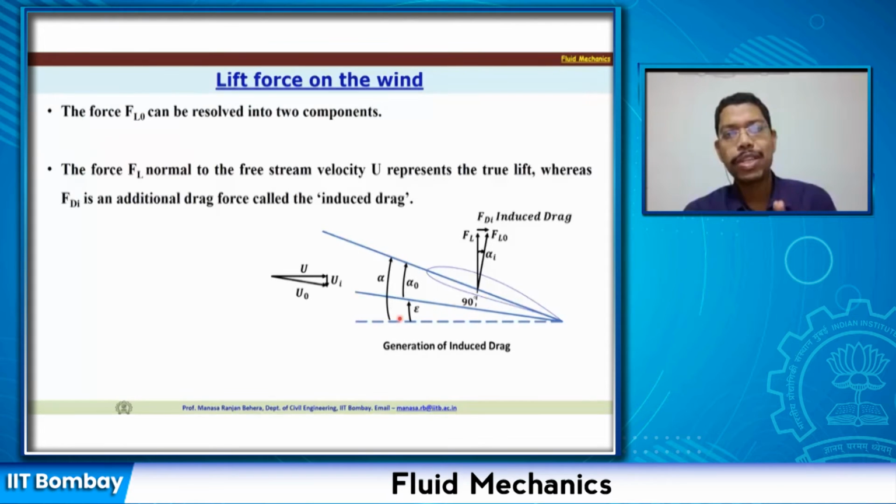FL, normal to the free stream velocity U, represents the true lift, whereas FDI is the additional drag force, called induced drag, that is going to be generated due to this lift generation. So finally FD, the total drag force, is FD0, the drag due to the free stream velocity, plus the induced drag.